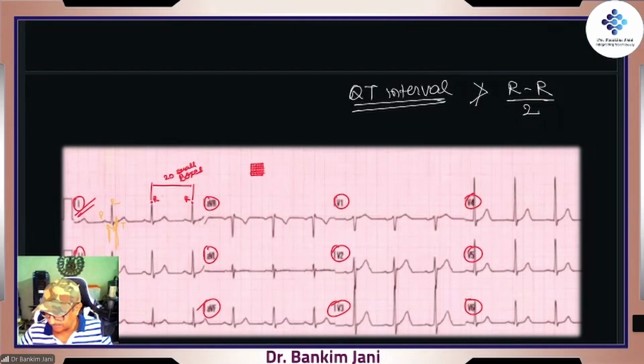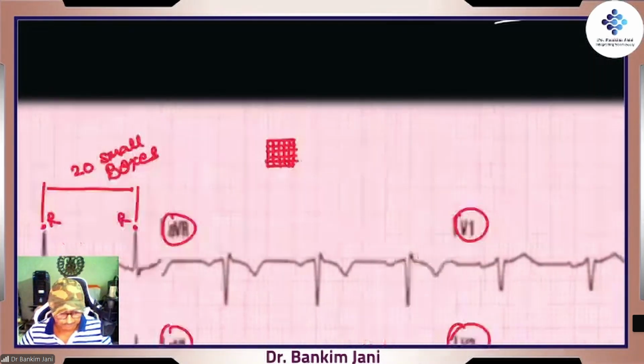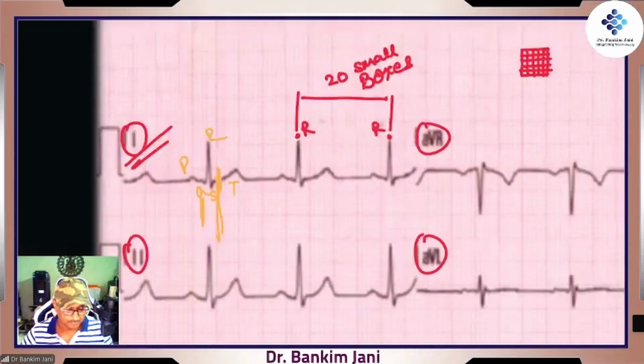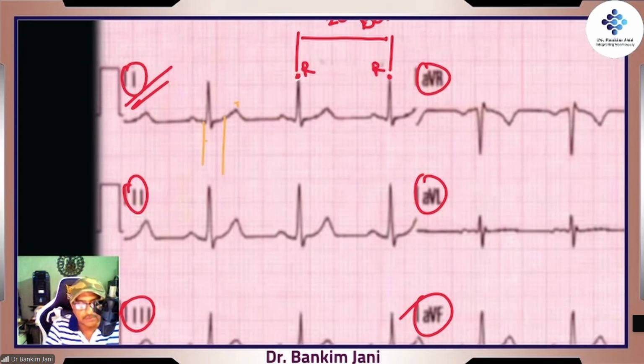Let's zoom this and draw. This is Q, R, S, and this is T. So it is just this much. It is just one box, five or six, at the most 6 small boxes.